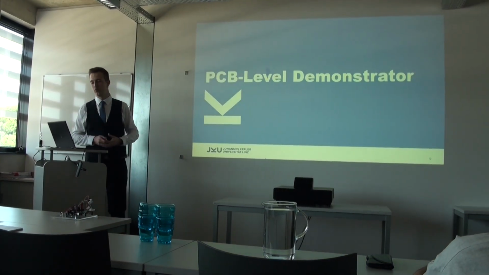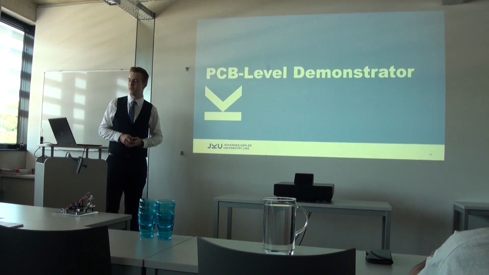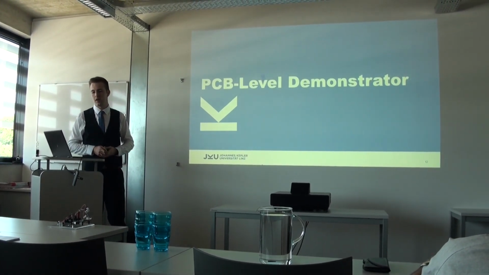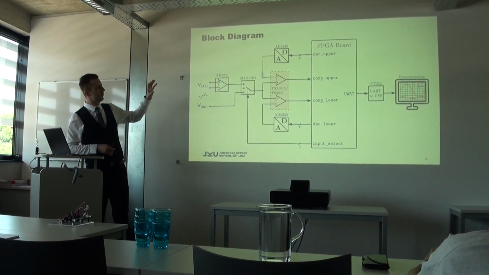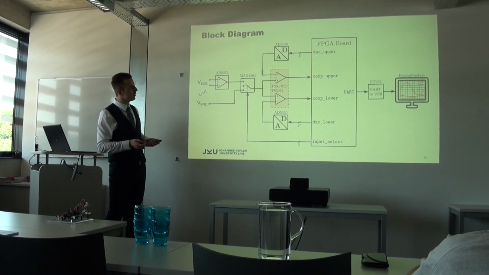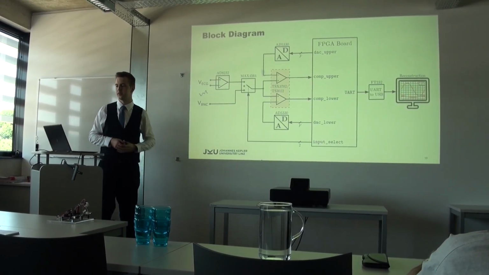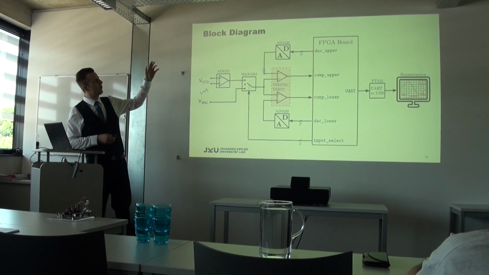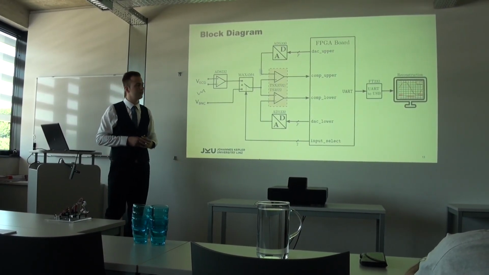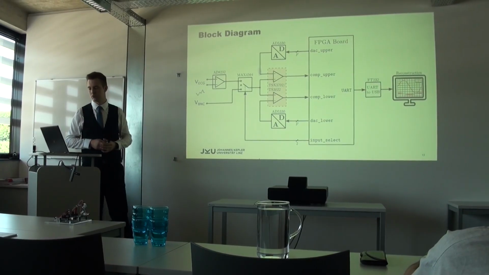But first we want to prove the functionality of event-based ADCs in general with a PCB level demonstrator. This is implemented with a single-ended architecture and floating window and with commercial ICs, and with an 8-bit feedback DAC, but we can set it in the digital core to, for example, 5-bit also.